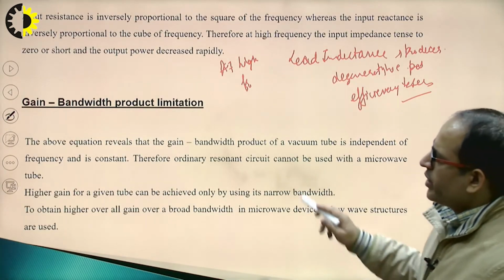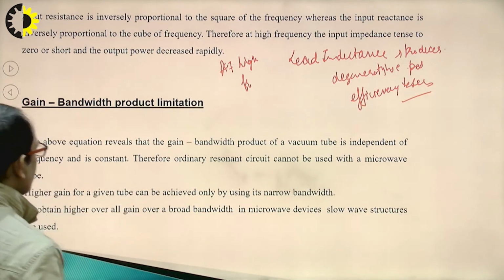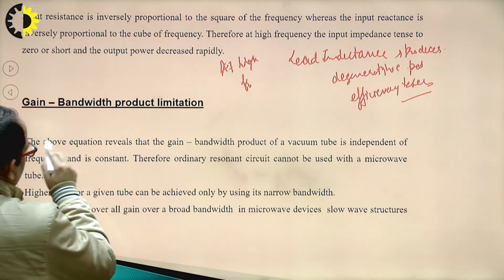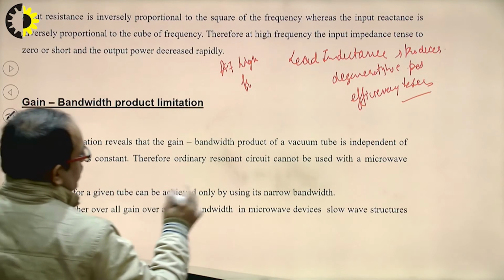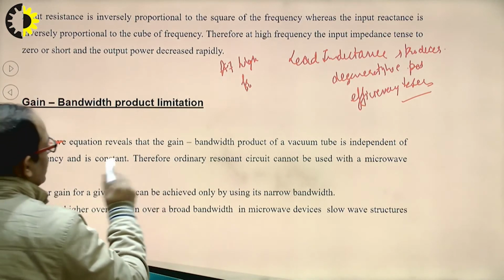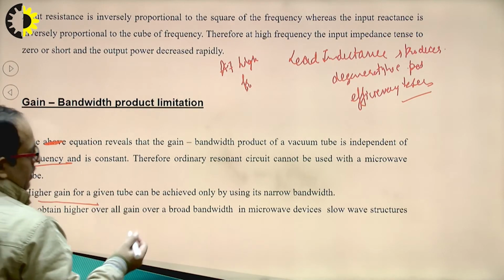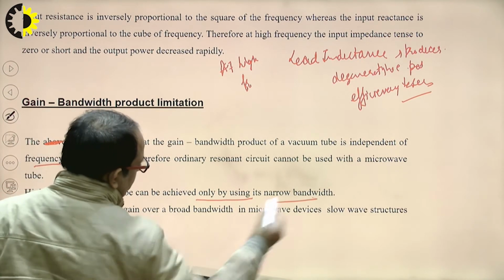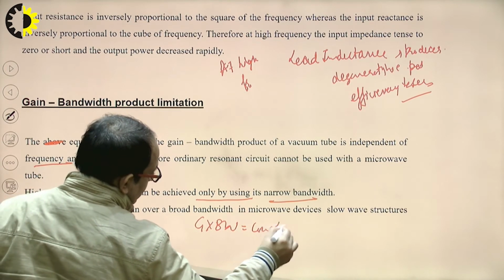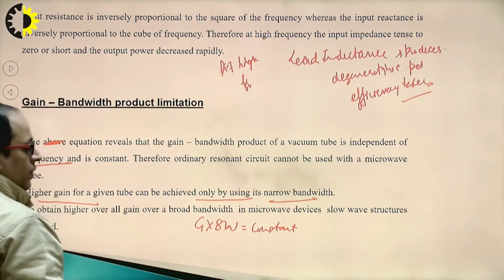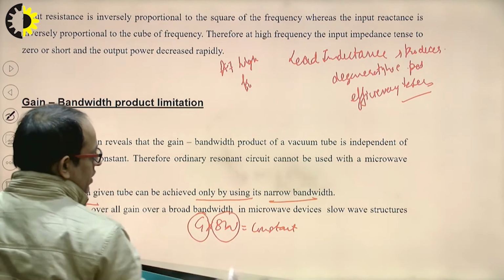Clear? Next point is the gain bandwidth product limitations. Now you will see that the gain bandwidth product at medium frequencies is generally independent of frequency, but higher gain for a given tube can be achieved only by its narrow bandwidth. We know that the gain bandwidth product is constant. If I want to get the higher gain, bandwidth has to be narrowed down.